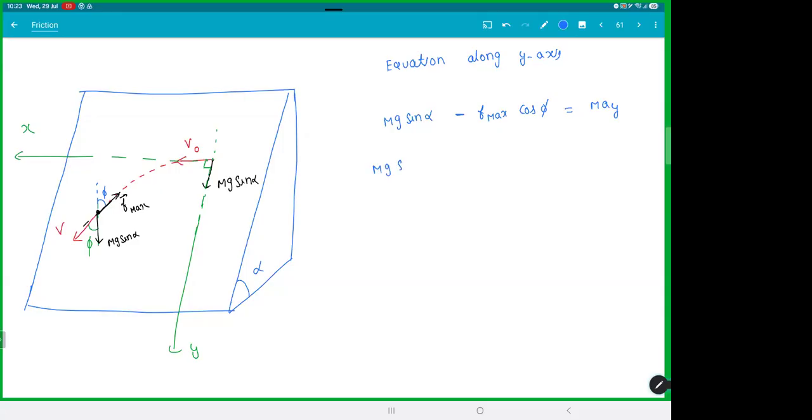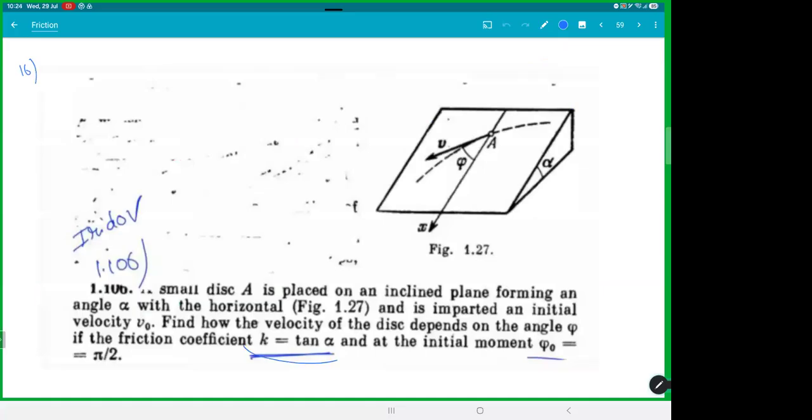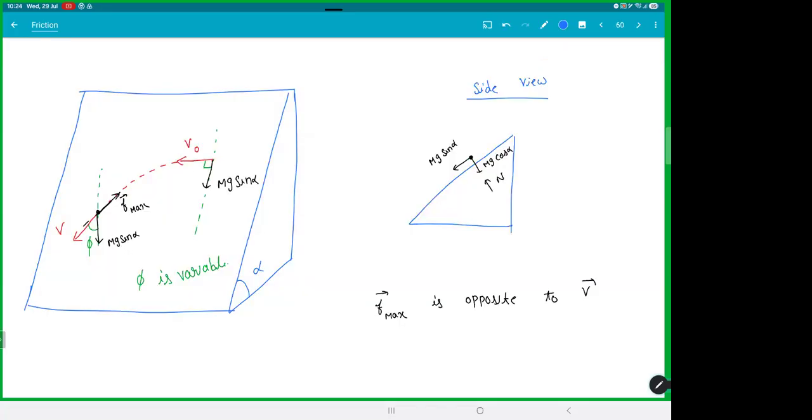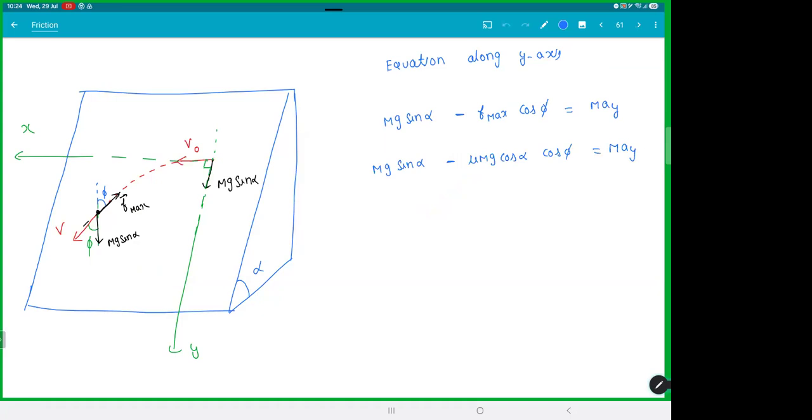Since it is slipping, the friction is equal to minus mu mg cos alpha cos phi, which is m into ay. But it is given in the question that the coefficient of friction mu is equal to tan alpha. That's what actually makes this question solvable. So when you substitute, that mu mg cos alpha becomes mg sin alpha, because mu is tan alpha, cos will cancel.